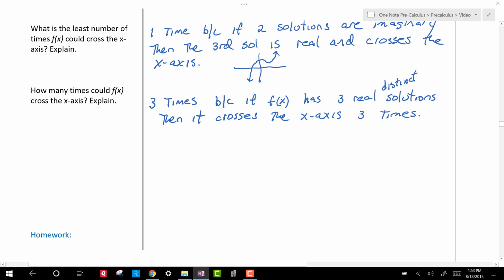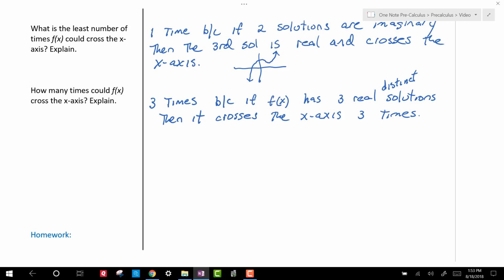All right. If there were 2 imaginary solutions, just like what we talked about above, what is the least number of times it could cross? If there were 2 imaginary solutions, then it would only cross 1 time. So we addressed that. And one of the other things that we'll talk about again is when we get repeated roots.